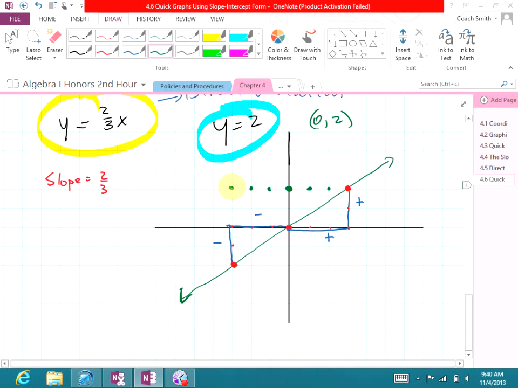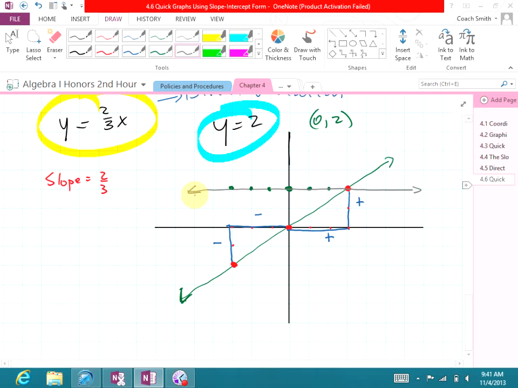In all of those points, the y coordinate is going to be 2: 2, 2, 1, 2, 0, 2, negative 1, 2, negative 2, 2, negative 3, 2. So I have a horizontal line that goes like that.